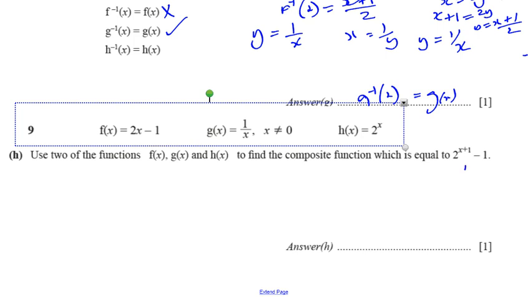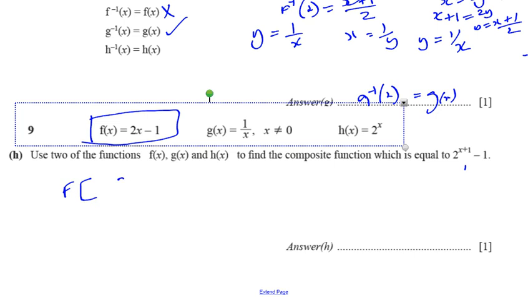Now, I can see I've got something to the power of x plus 1, minus 1. Of course, the only one which has a minus 1 at the end is f(x). So f(x) is the function that something has been put into.